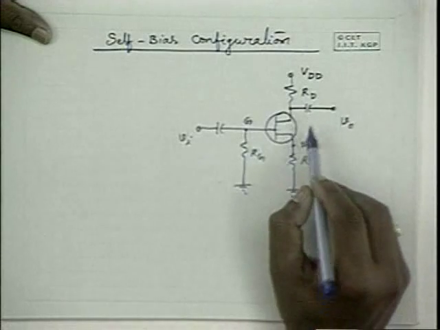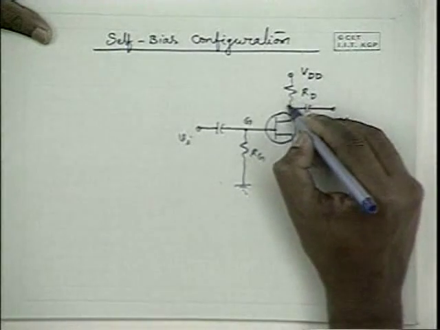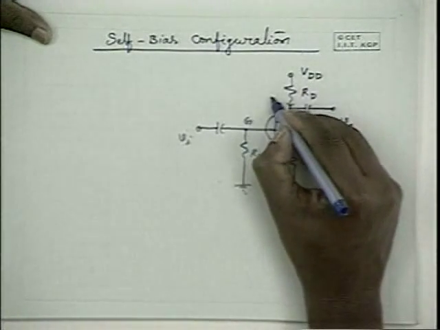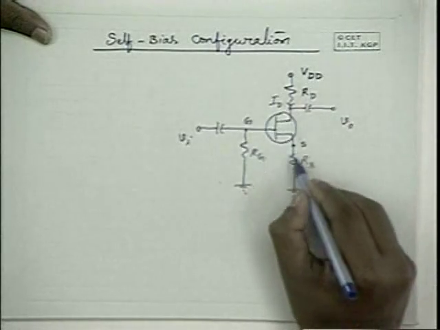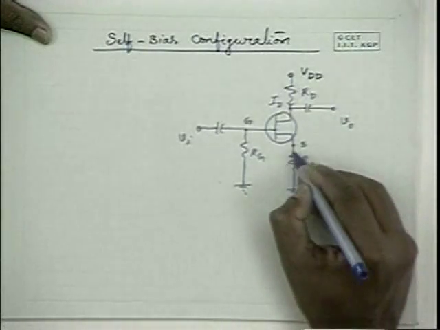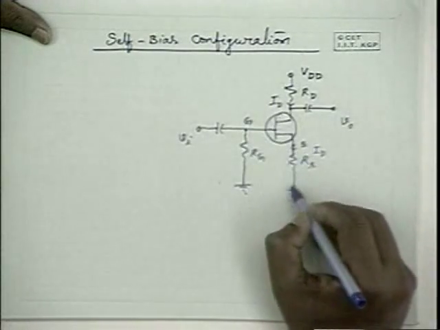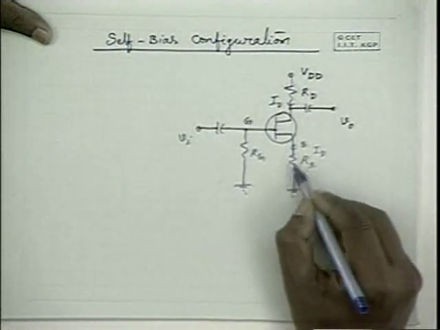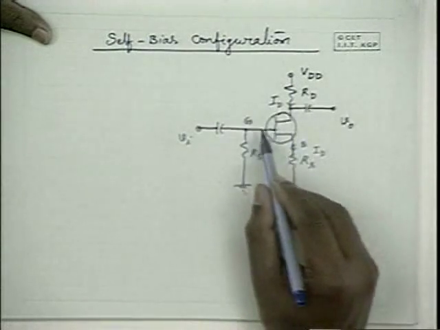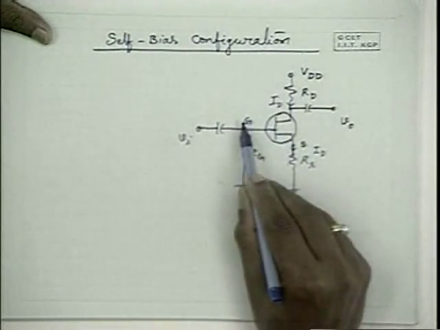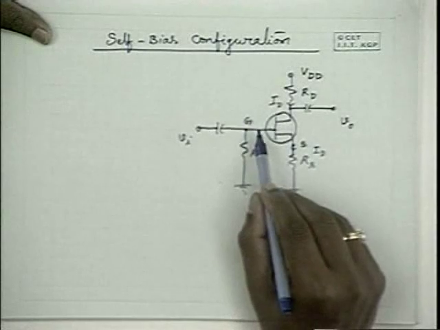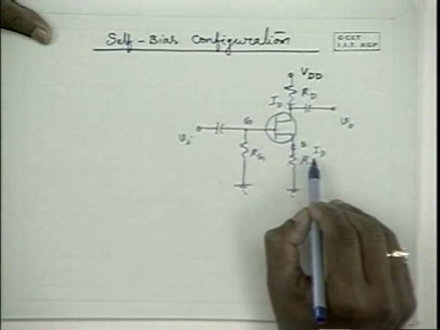Please note that this ID, the drain current, is equal to the source current. So you have ID flowing here also. ID into RS is the voltage drop here, and that voltage drop provides you the required gate to source reverse potential.